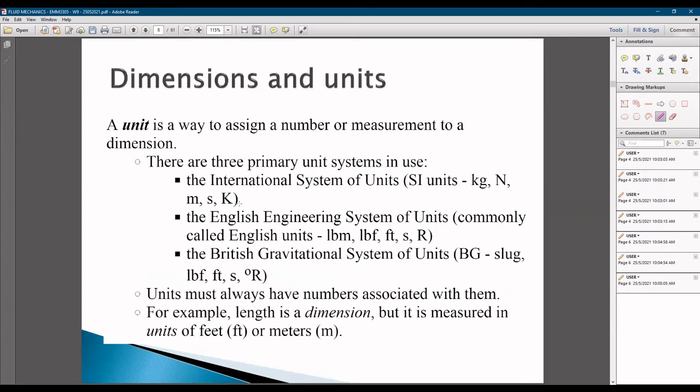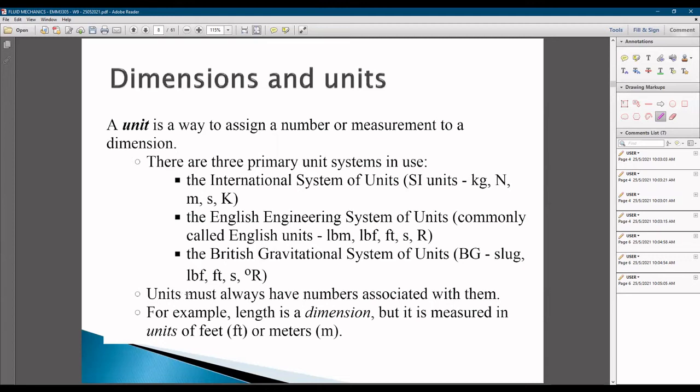The International System of Units, SI, where normally we use kg, Newton, meter, second, Kelvin, etc. The English engineering system of units, commonly called English units, where we have pound mass, pound, foot, second, and others. The British gravitational system of units, BG, where we have a slug and the rest.